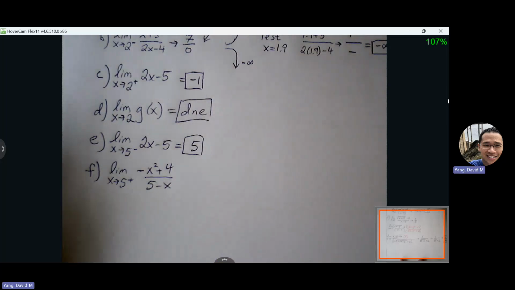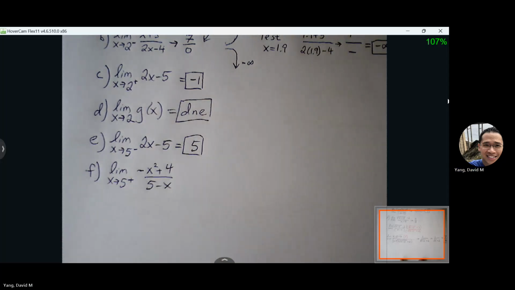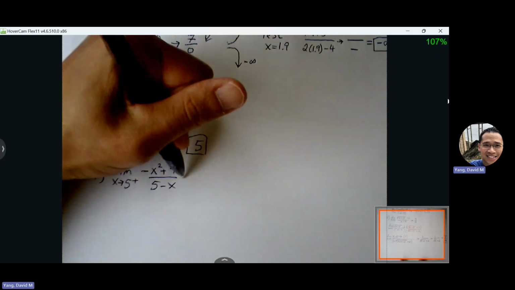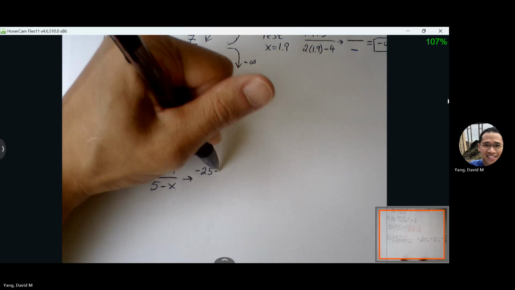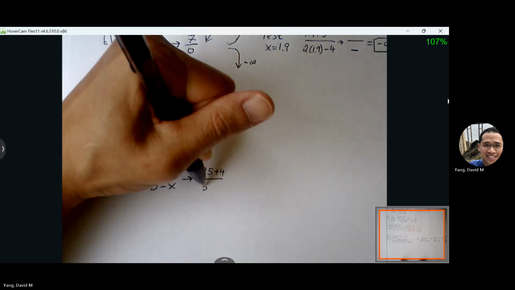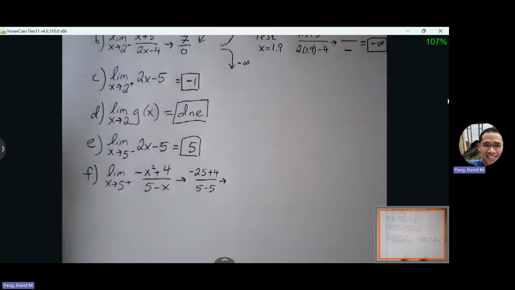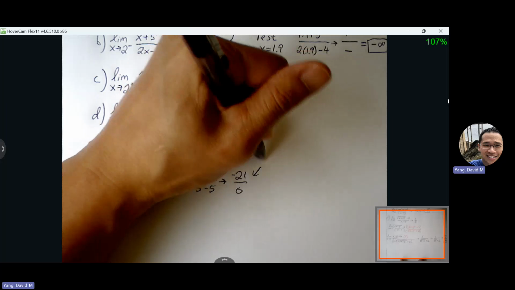All right, first things first. It's your first step. Direct substitution. And what does that give you? Yep, so we know this is a vertical asymptote.